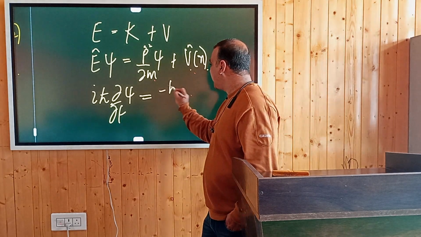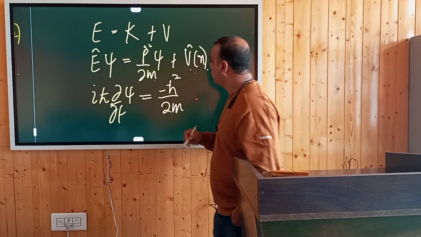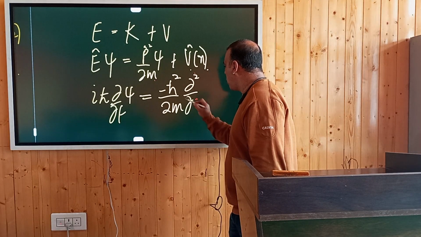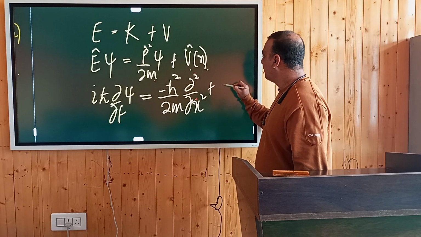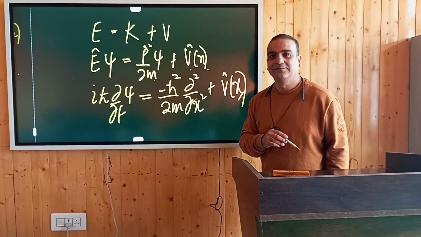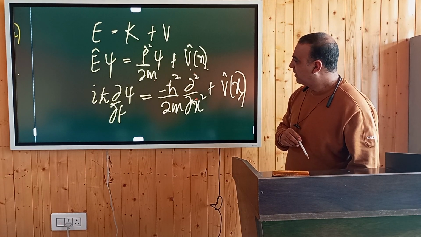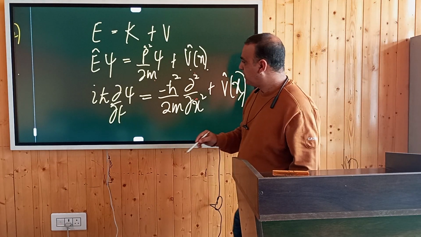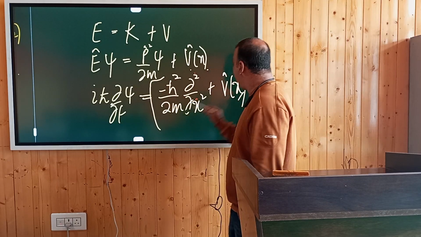So you will get minus h bar square by 2m dou 2 by dou x2 plus V of x. Right? So I have to keep a psi outside.